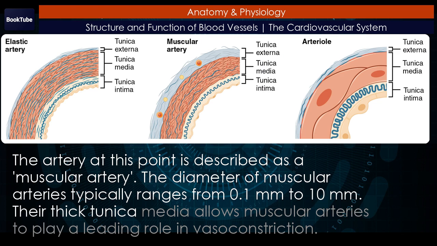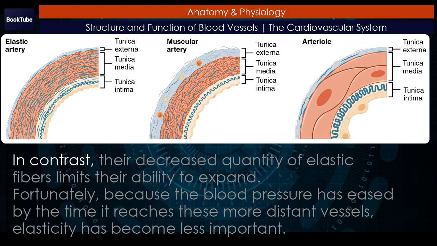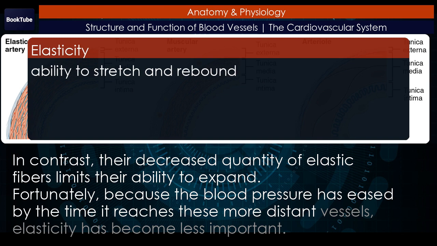Their thick tunica media allows muscular arteries to play a leading role in vasoconstriction. In contrast, their decreased quantity of elastic fibers limits their ability to expand. Fortunately, because the blood pressure has eased by the time it reaches these more distant vessels, elasticity has become less important.